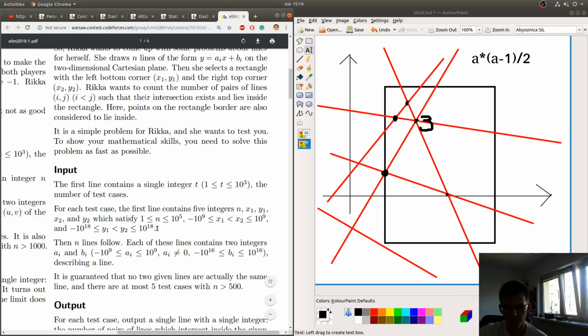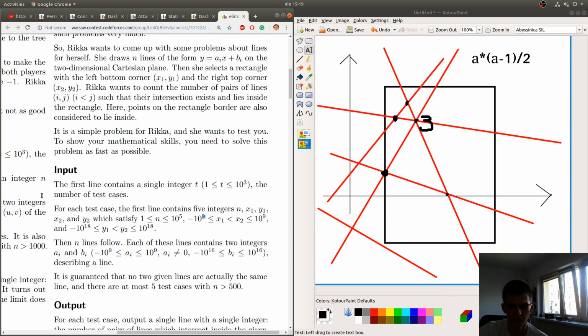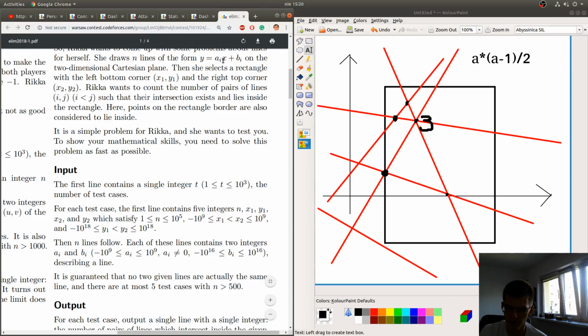Also, there are some constraints about the coordinates that are quite big. Some coordinates are up to 1 billion, which is fine, but some coordinates, for example, the upper and lower side of the rectangle, are up to 10 power 18, and also for these lines given as ax plus b, that b is very huge, like 10 power 16.